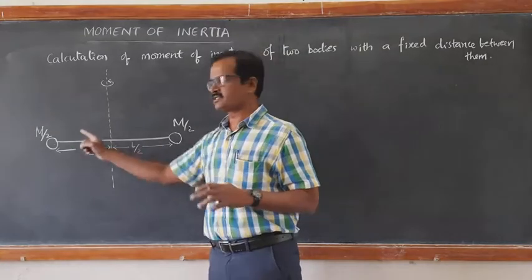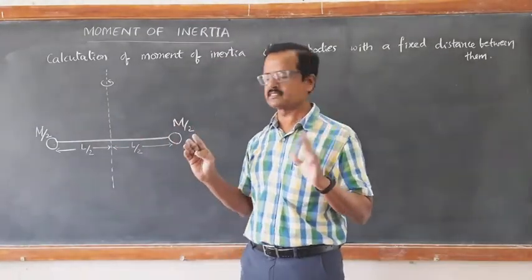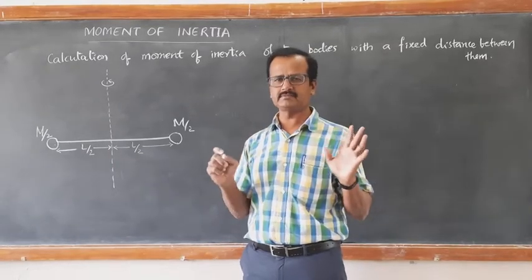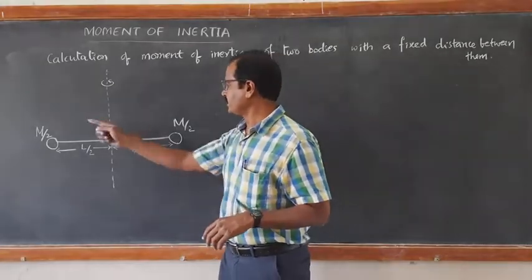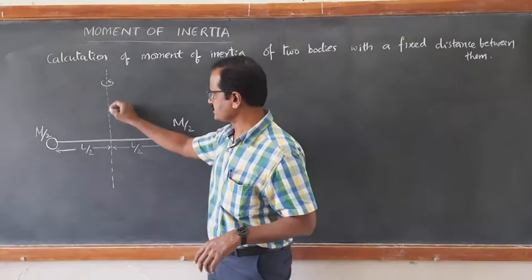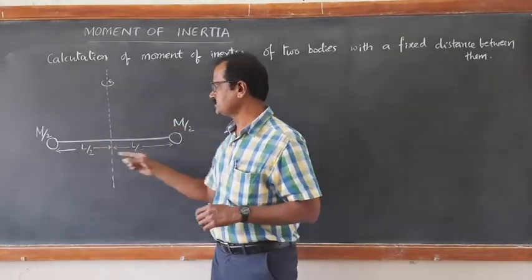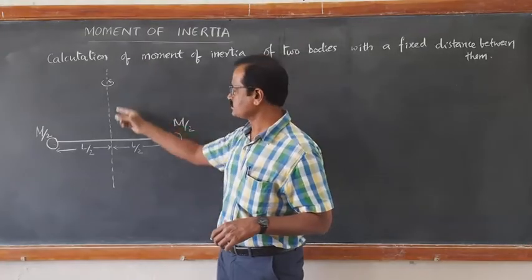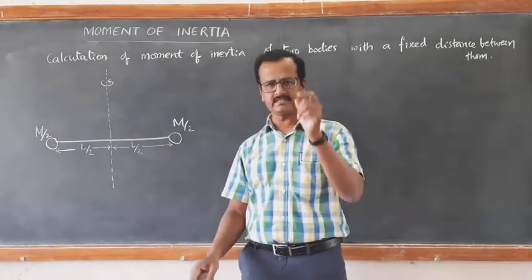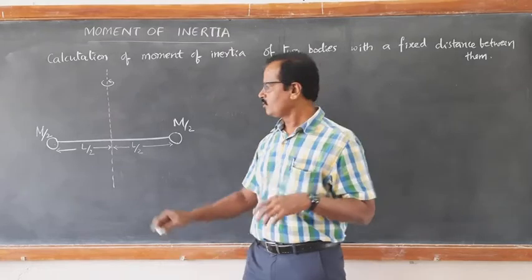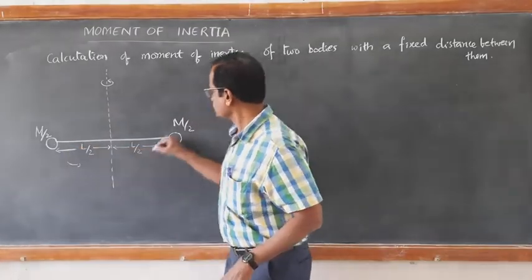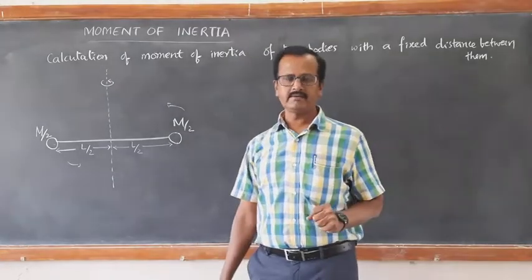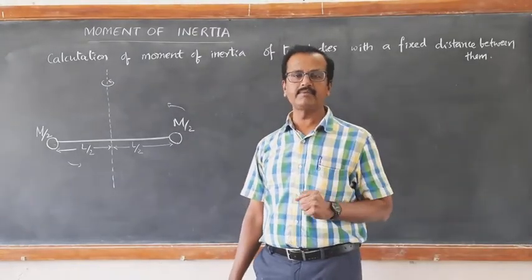They are held at a fixed distance, say with a thin light rod. If this two body system is rotated about an axis passing through the center of this light rod, then what is the moment of inertia?